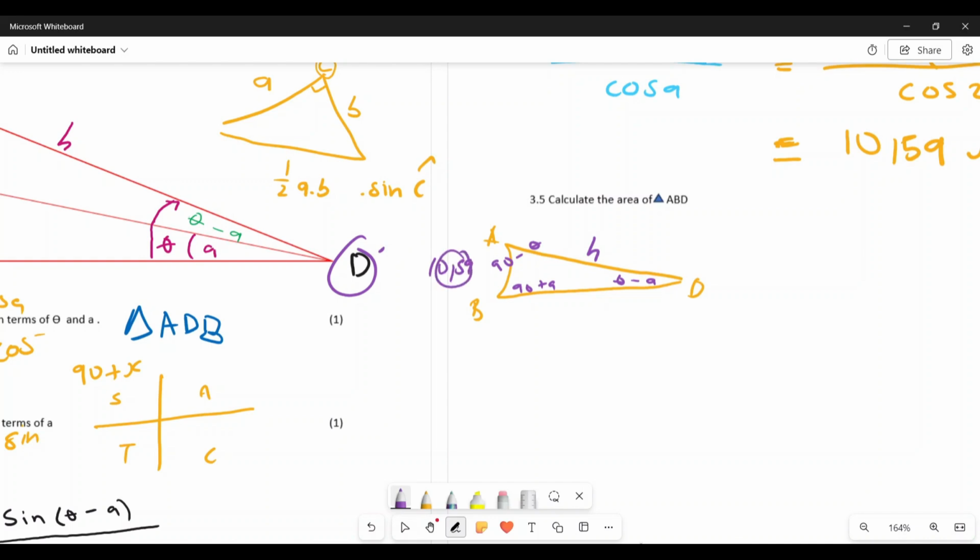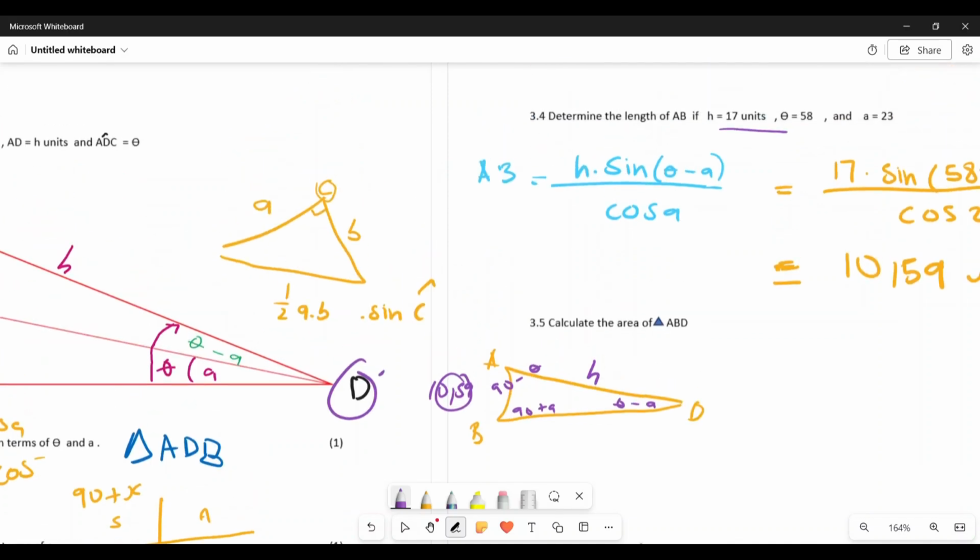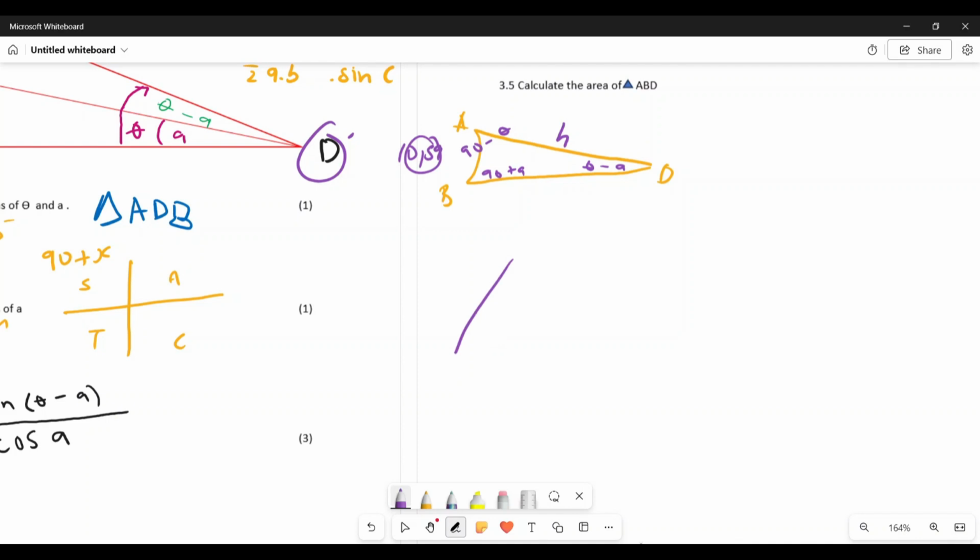So I have the length of AB, and I have the length of AD, which is H, and my H, I was told here, is 17 units, right? So I have AB, which is 10,59, I have my H, which is 17, and I have this angle right over here that they both make, which is 90 minus theta.